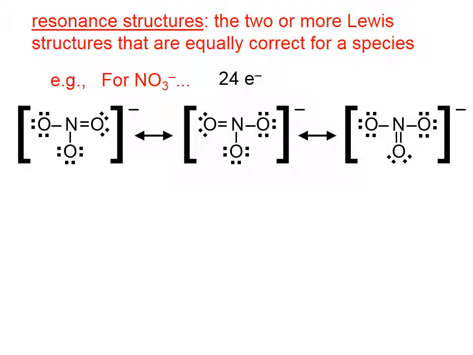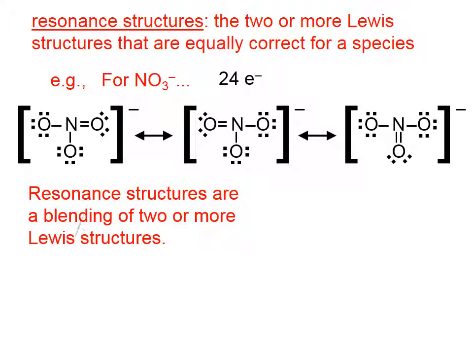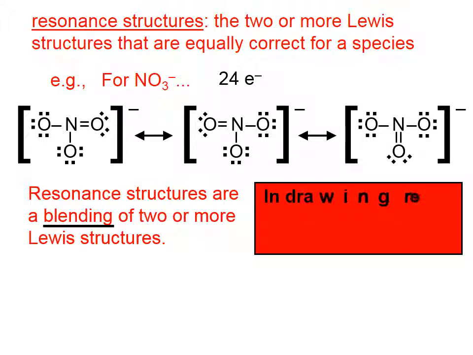Each one is something in between. You can see that the Lewis structure model here is not adequately representing reality. Resonance structures are not a hopping, skipping, and jumping of bonds, but are rather a blending of Lewis structures.